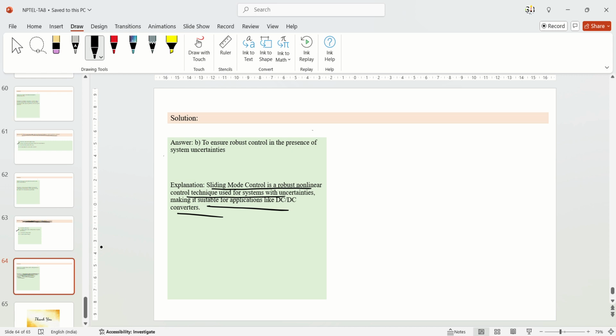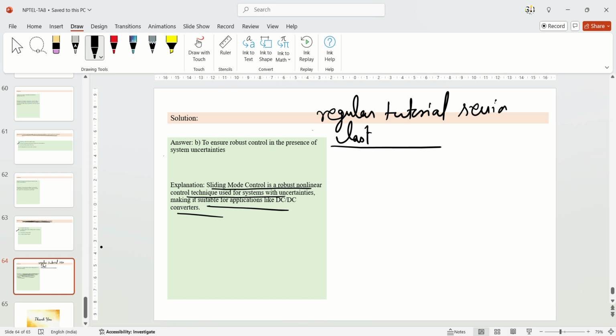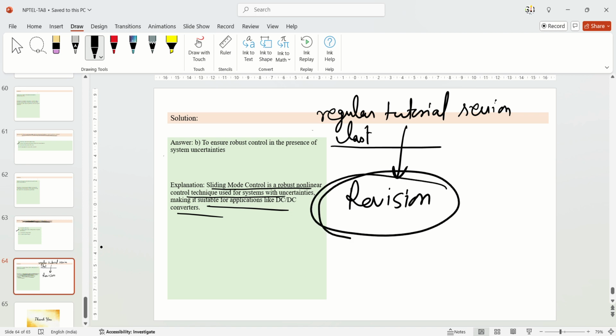Today is the last of the regular tutorial sessions. One more tutorial session will be on Sunday. That is a revision session, where we are going to revise all the things which we have done in the course, and also some of the questions related to that, before the exam, I think.